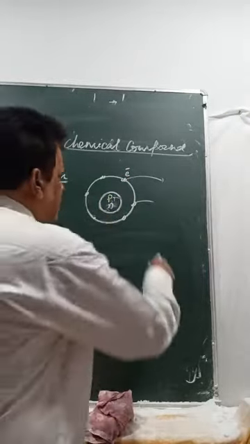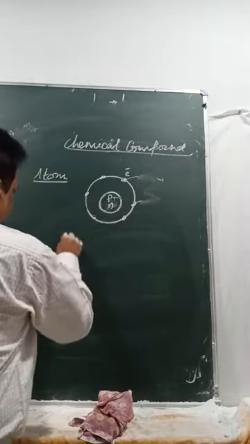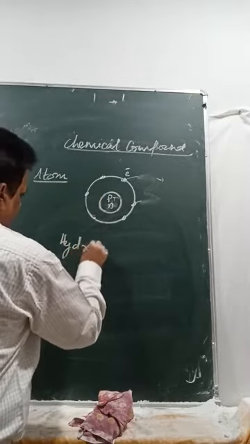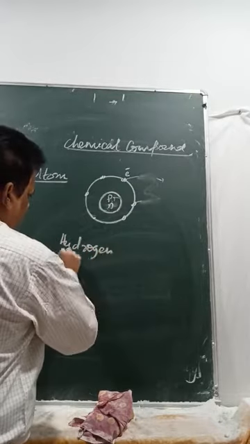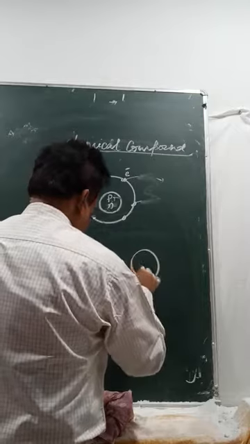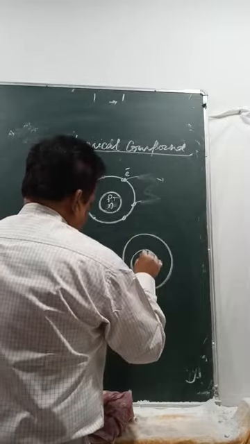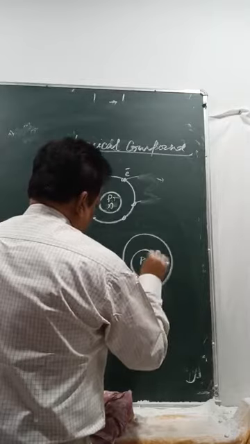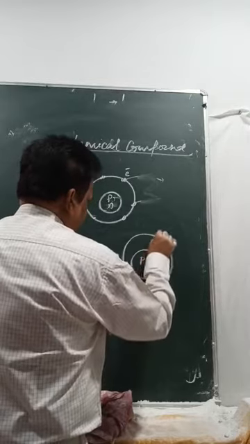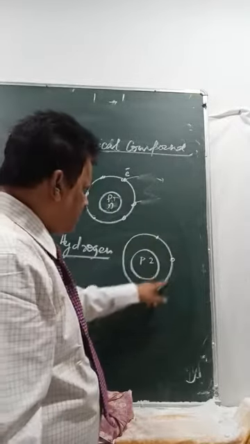So when they take part in a reaction, suppose I consider the hydrogen atom. In the hydrogen atom, what do you find? There are protons 2, so obviously electrons will be 2. Electrons move in the orbit.